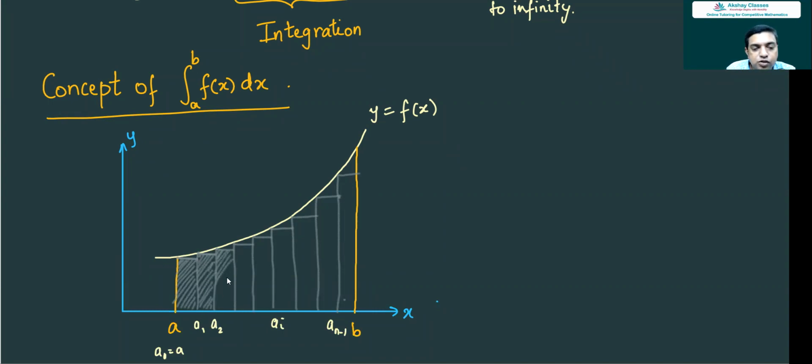This entire area, I am plotting the whole thing. This we denote by L, this particular area.